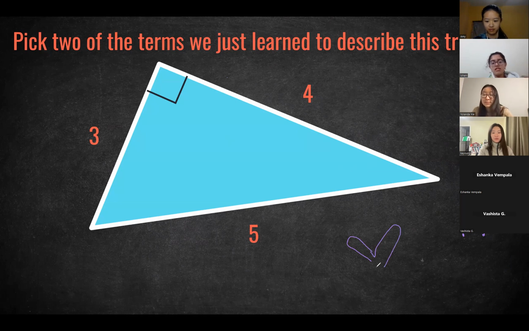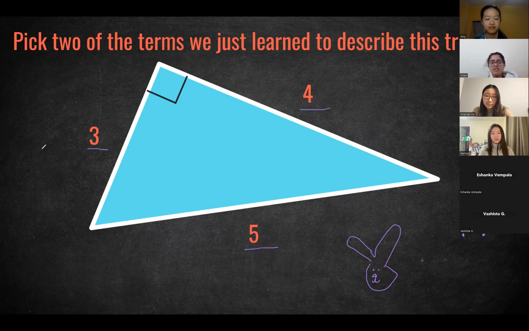Are there any special angles here? Remember we said that if we have a 90-degree angle, it would be a right triangle, and we can see that this is a 90-degree angle. So yes, and we can see that none of the side lengths are the same, right? So the term used for that is scalene.